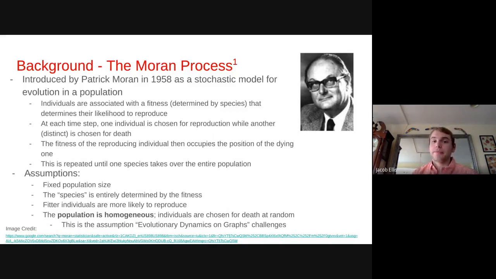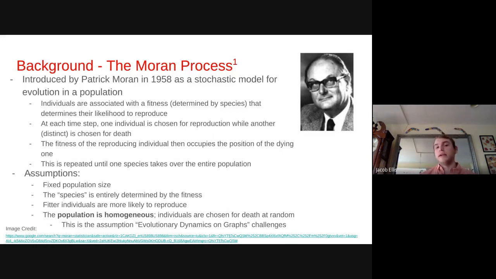Basically, within the Moran process, each individual is given a fitness that determines their likelihood to reproduce. The Moran process goes over many generations, and at each time step, one individual gets to reproduce based on how fit they are, while another individual is chosen for death.